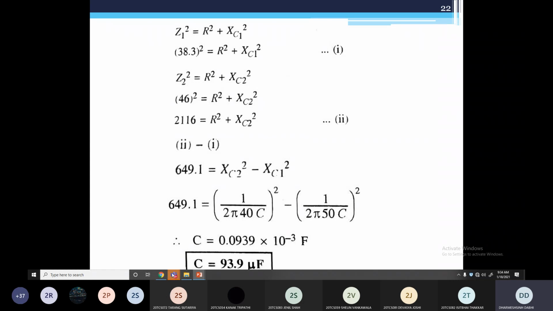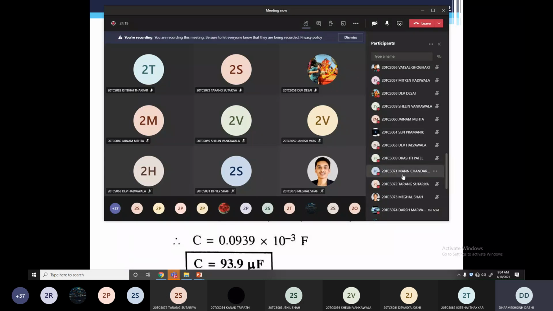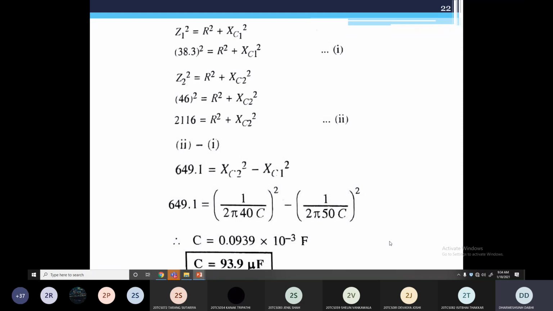Roll number 71, present or not? Manan? So calculate. Okay. All of you try to calculate the value of R. It's very simple. You can use equation 1 or 2 to get the answer of R. I give you the hint.